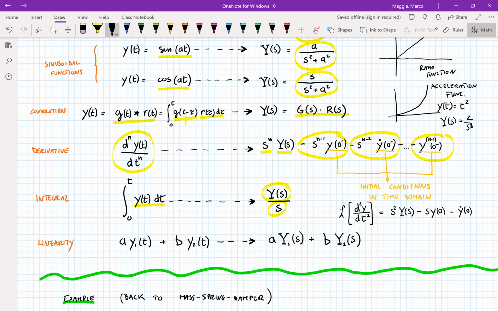So this is just an example, a second order example.